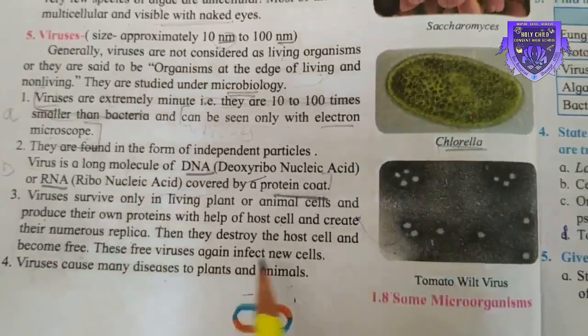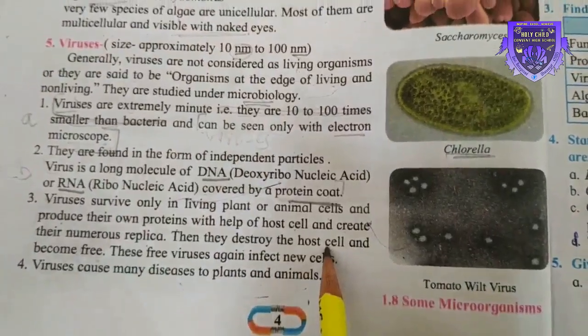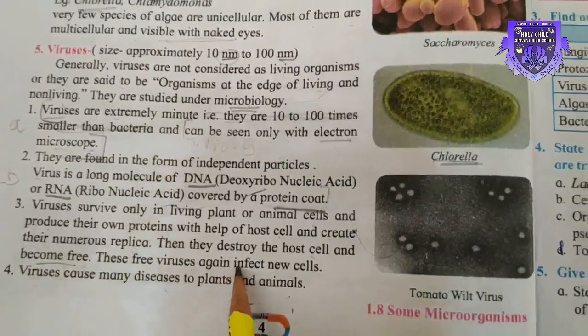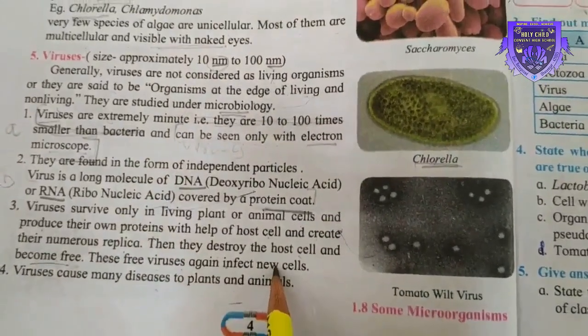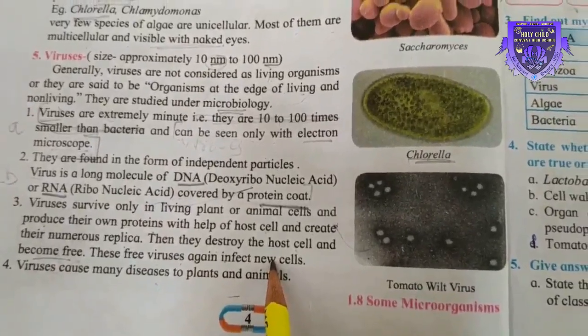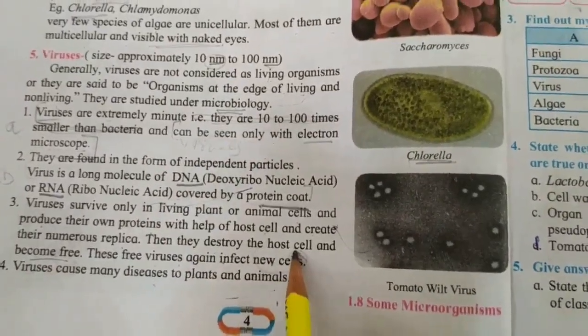Finally, after multiplication, they destroy the host cell and then become free. These free viruses will again infect new cells and grow and develop more such viruses in that new cell.